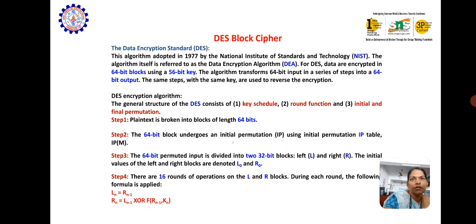So let us see about the DES encryption algorithm. Here the algorithm consists of three steps, or a three-part structure: the key schedule, the round function, and the initial and final permutation. Let us see about the permutation.